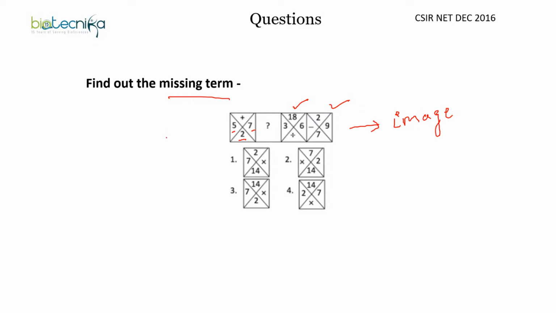Here we can easily see 5 plus 2 is 7. 3 into 6 is 18. Next is 2 plus 7 is 9. ये 2 plus 7, 9 होता है.